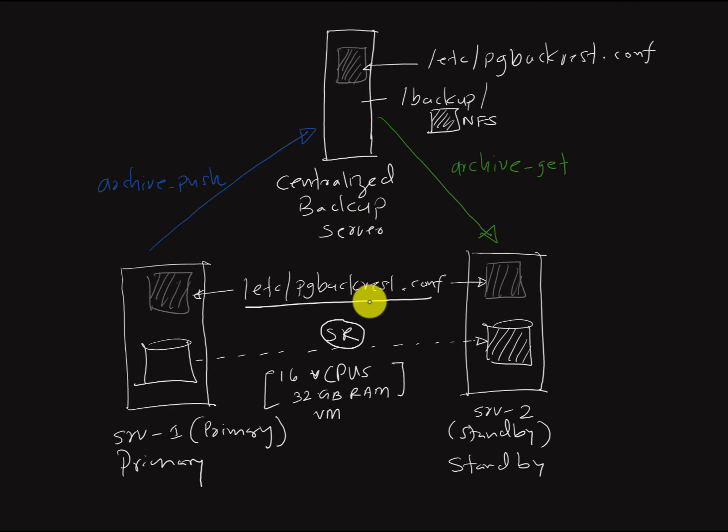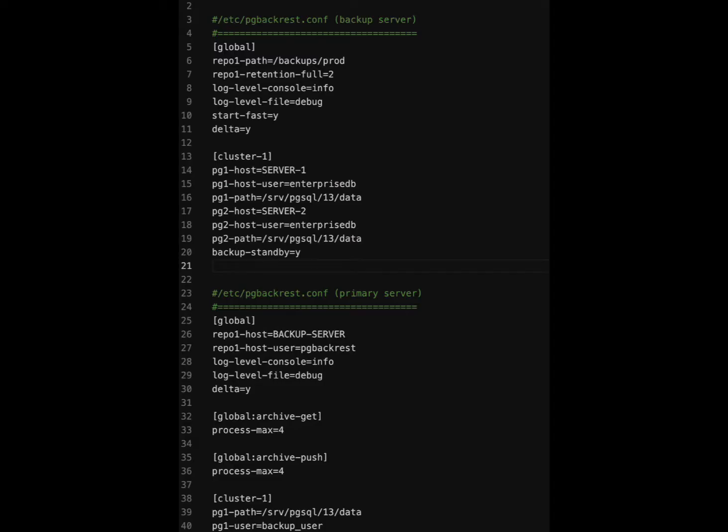I'll show you the optimal parameters that can be used and how to tune them in order to create stable replication between primary and standby. Let's look at the configuration files of pgBackRest. The configuration file is located in the etc directory, and the file name is pgbackrest.conf.